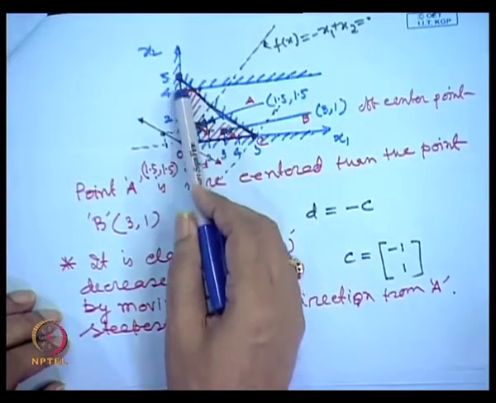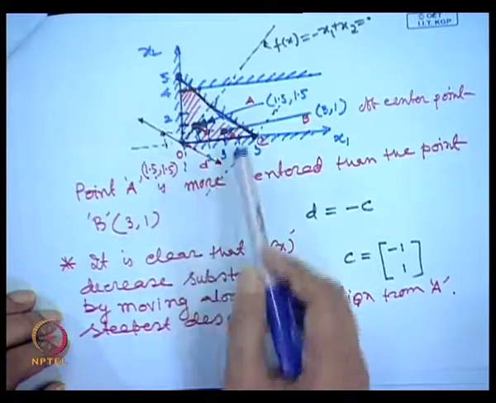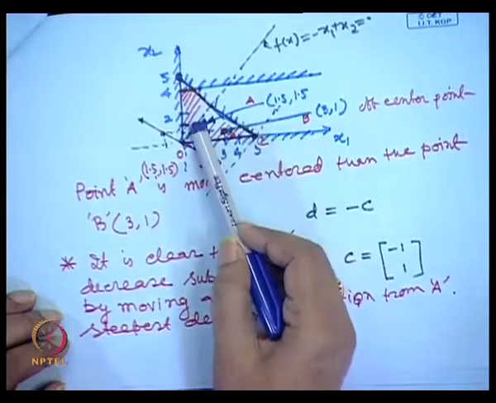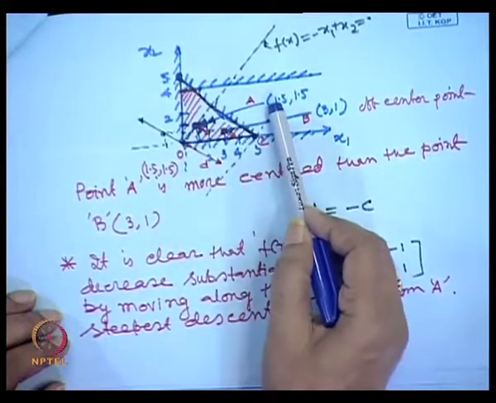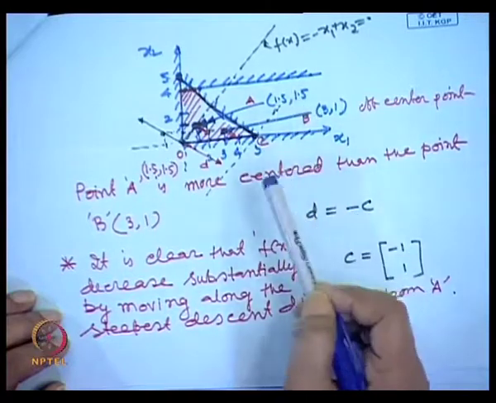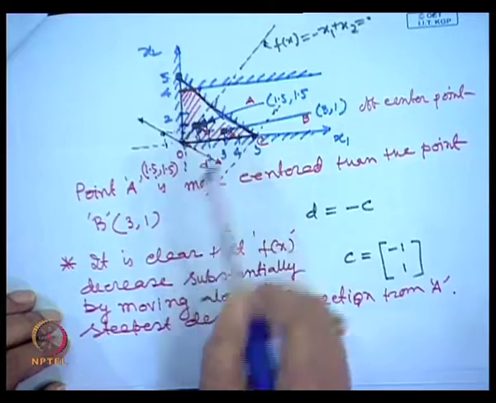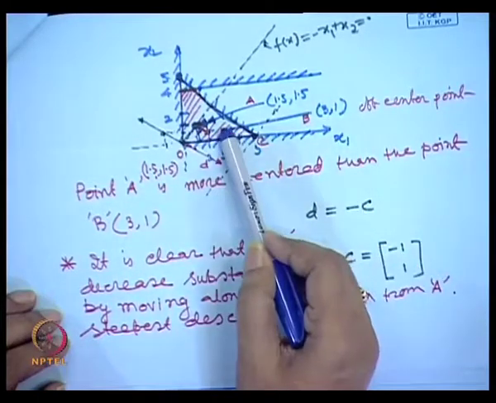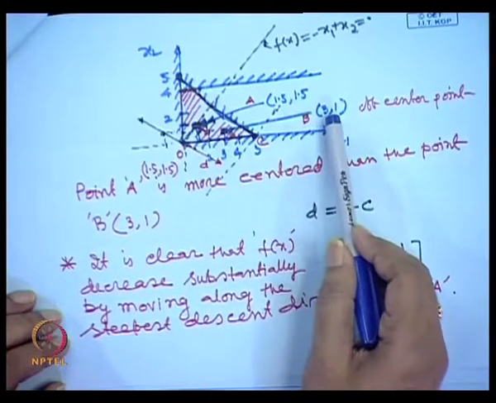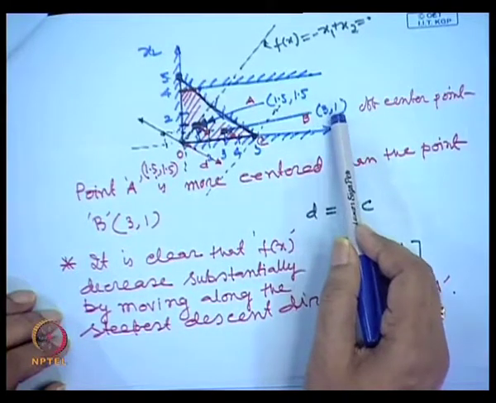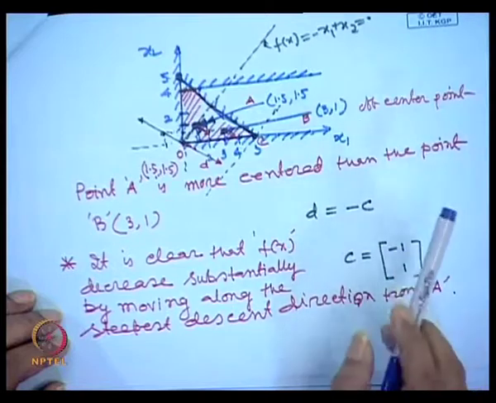If you take the initial point A here, whose coordinates are 1.5 and 1.5, these are equidistant from the coordinate axes. Another point I have shown is point B, whose coordinates are 3, 1. This is the off-center point.